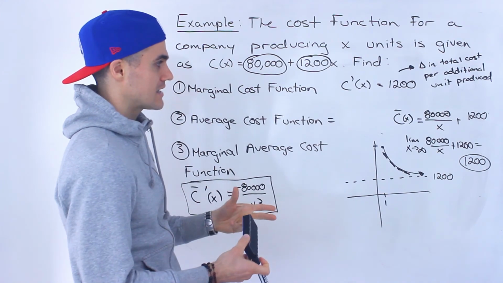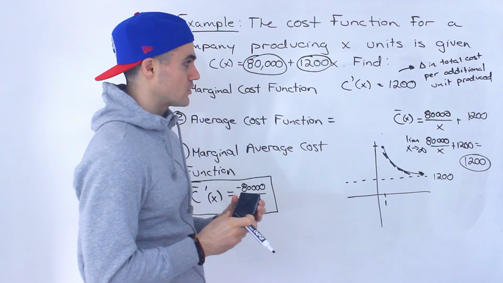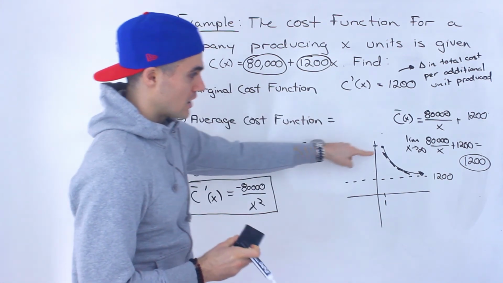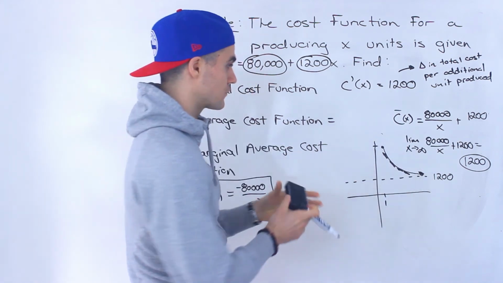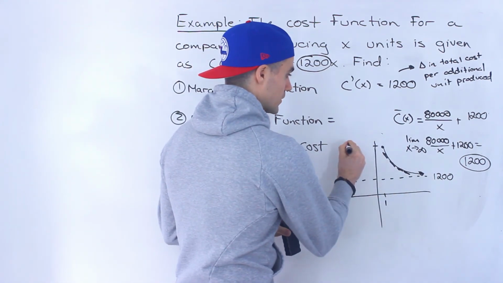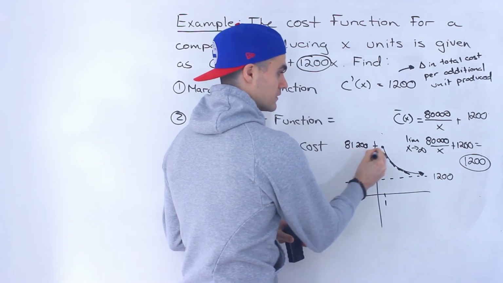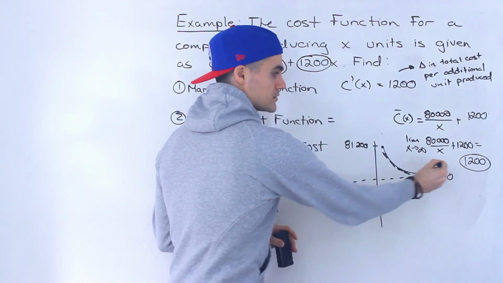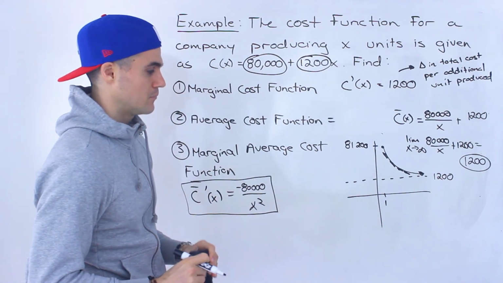And again, that makes sense because for the more units that you produce, that average cost goes down, it starts approaching that variable cost. It goes from, if you produce 1 unit, the average cost is going to be 81,200, and it starts going all the way to 1,200 as x goes towards positive infinity.